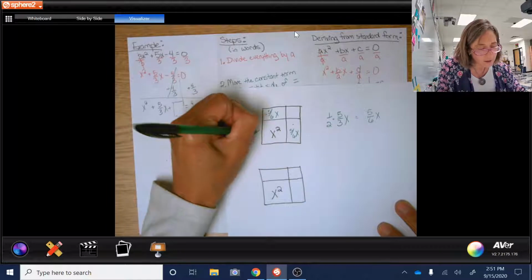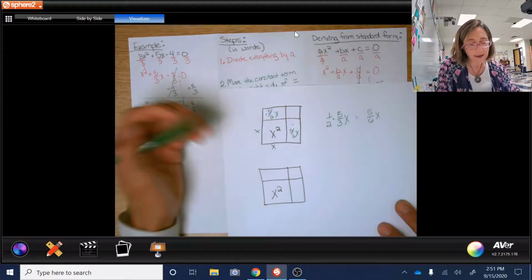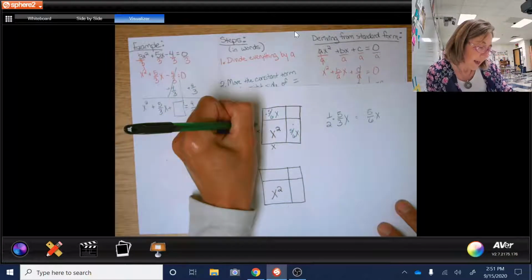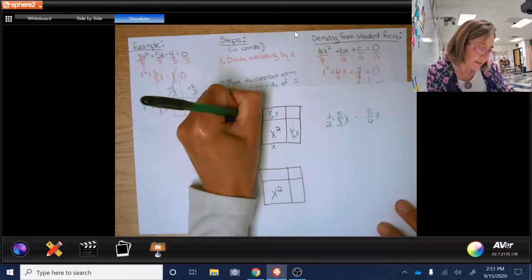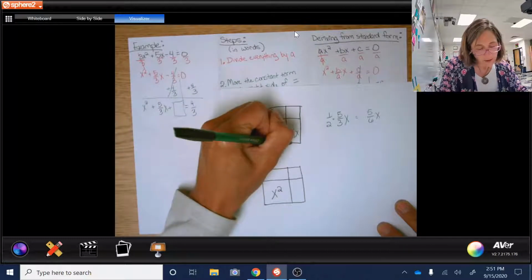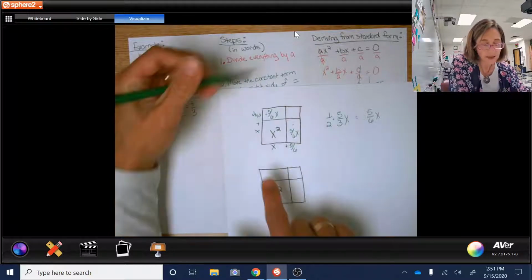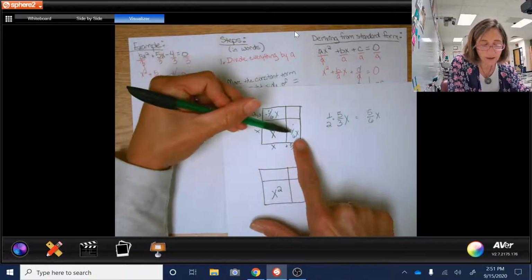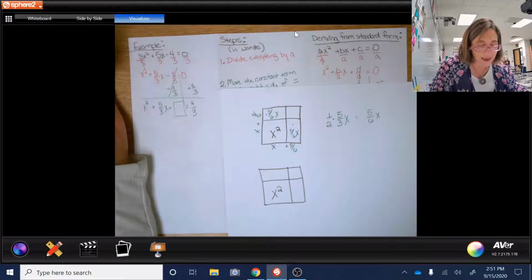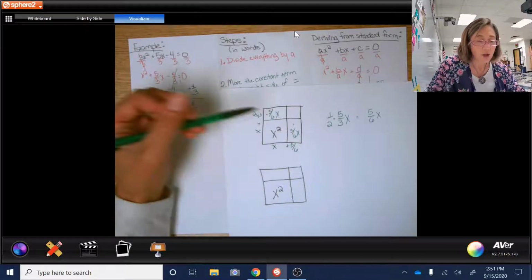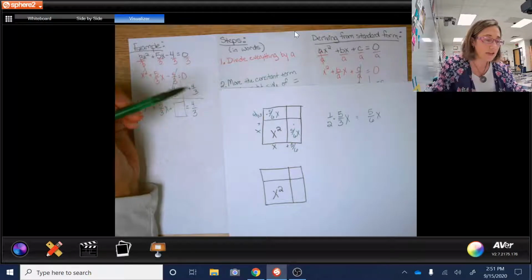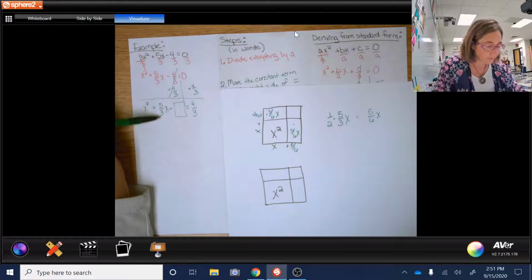So my binomials on the side have to have x's because length times width, x times x gives you x squared. This would have to be a 5/6 plus 5/6 because think about length times width for that zone. Length times width, that's how you would get those 5/6 x. And when you put those together, you would have 10/6 x, which would reduce to the 5/3 that we had over here.